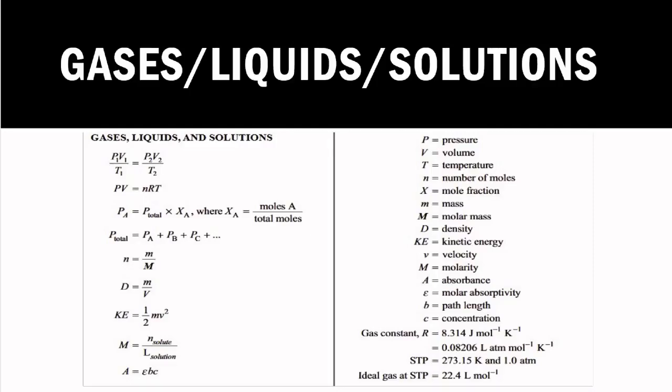Now we're getting into longer ones. So this is the gases, liquid solutions one. The first equation is saying that the pressure and volume multiplied to each other divided by the temperature of one substance is equal to the same thing of the other one. I shouldn't have said another substance.